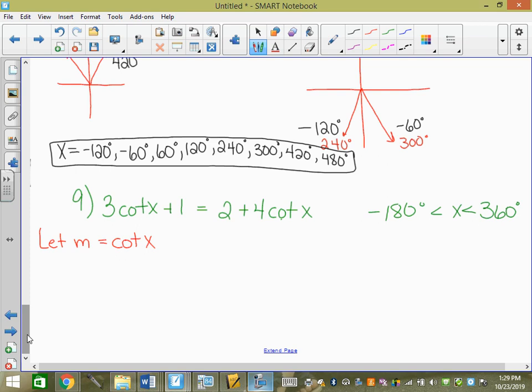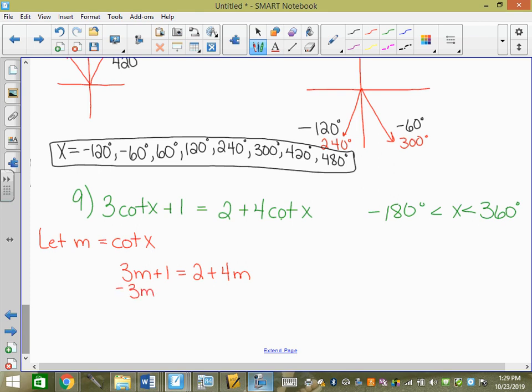Okay? Yes. This is the only point you actually recognized last year? Wow. Okay. So you go 3m plus 1 equals 2 plus 4m. And now what would you do? Yes, collect like terms.